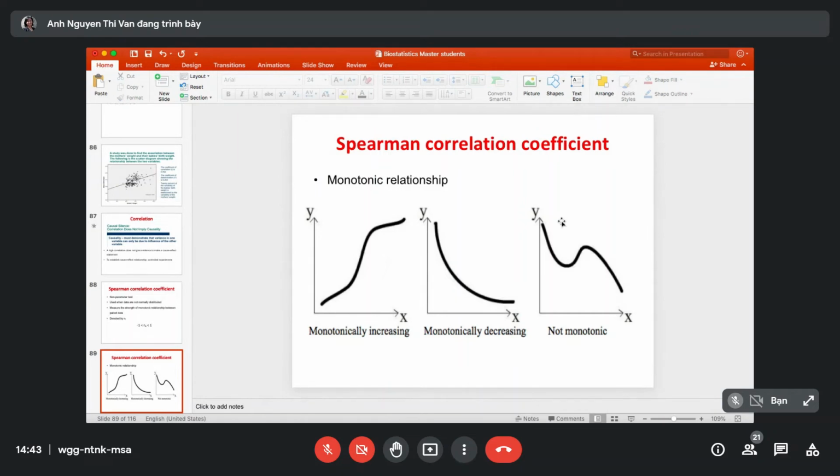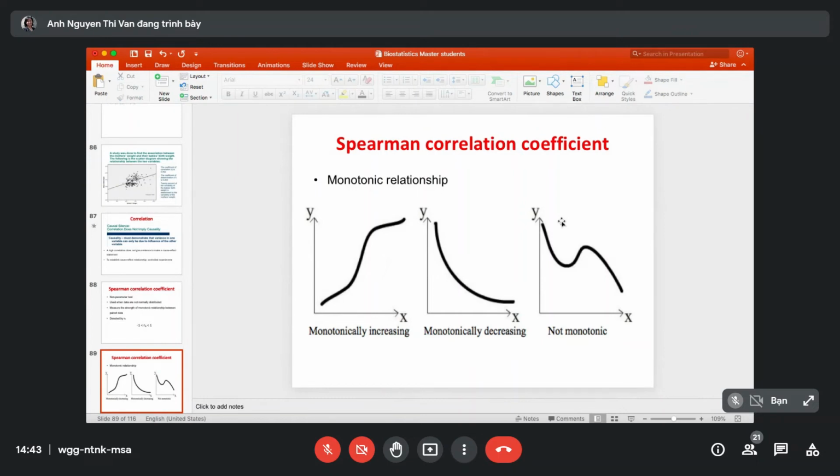So now you can imagine the monotonic relationship. The Spearman correlation will talk about the monotonic relationship. If we apply the Spearman correlation, we just talk about this relationship, but not the linear. We cannot conclude about the linear, even when one variable increases and the other increases too.